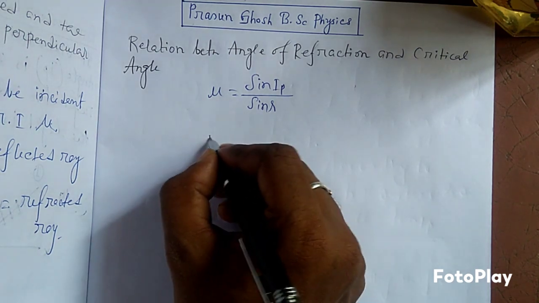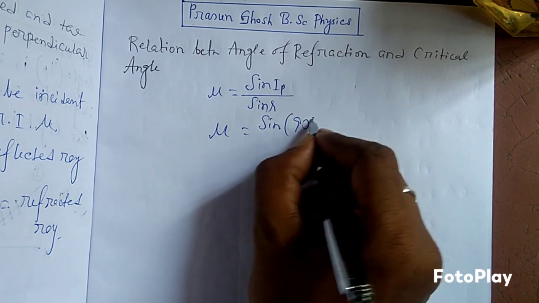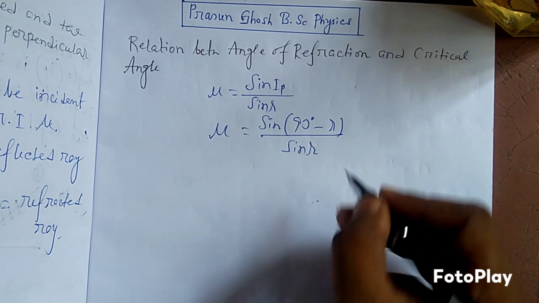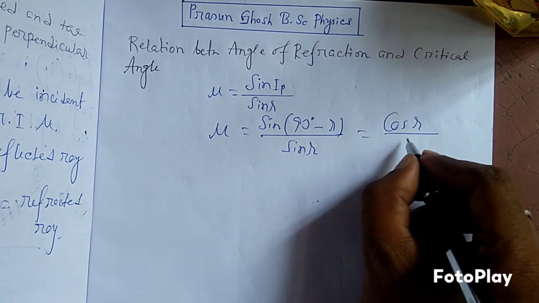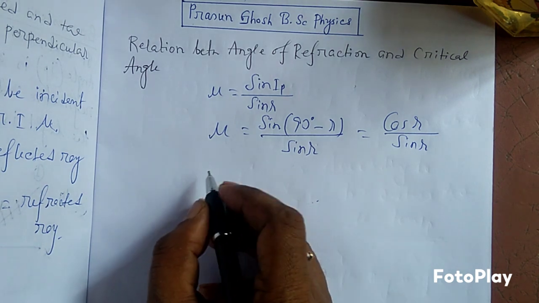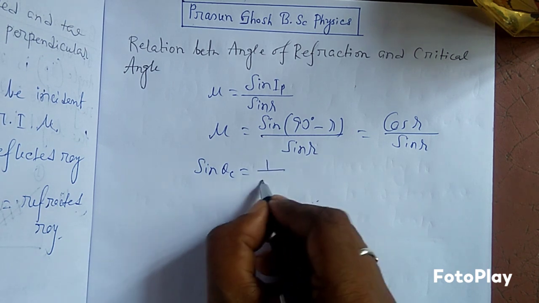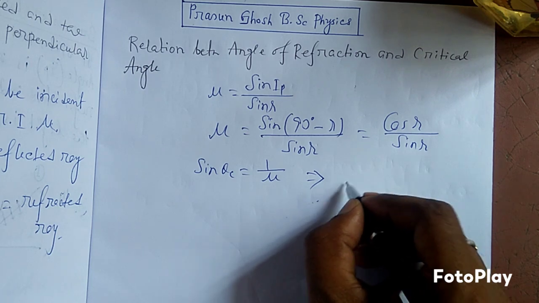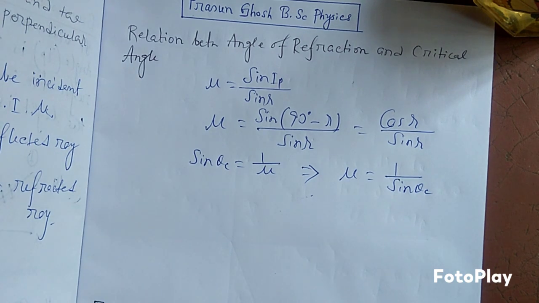Again mu equal to sine (90 degree minus R) by sine R, so this is cos R by sine R. Again we know sine theta c equal to 1 by mu, so mu equal to 1 by sine theta c, where theta c is the critical angle.